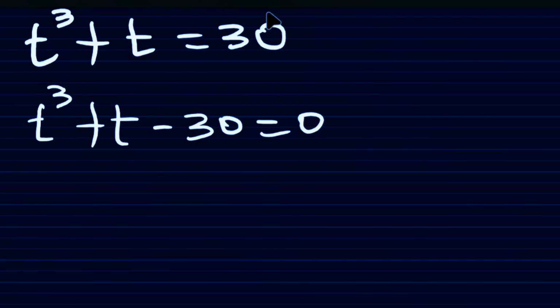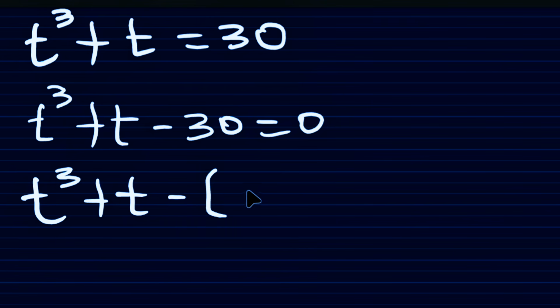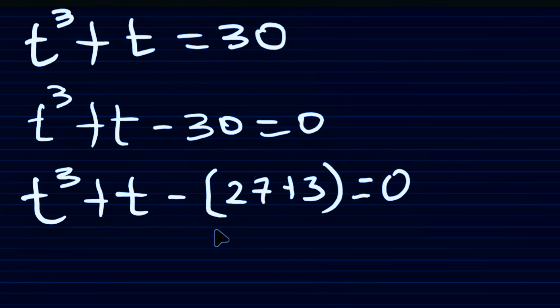Remember that 30 is positive here. When we transpose it, it becomes negative. From here we can write this as t^3 + t - (27 + 3). 27 plus 3 equals 30, and all this will be equated to 0.